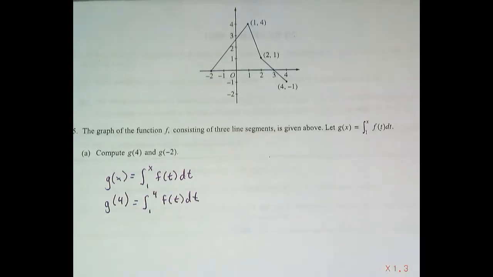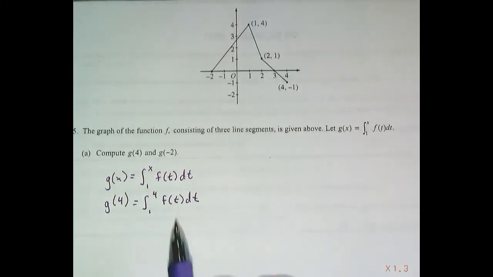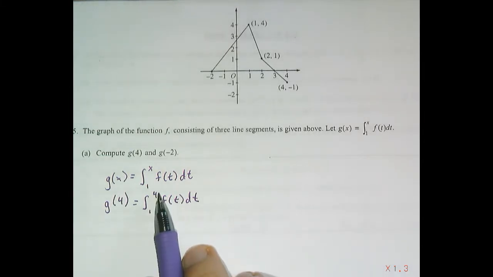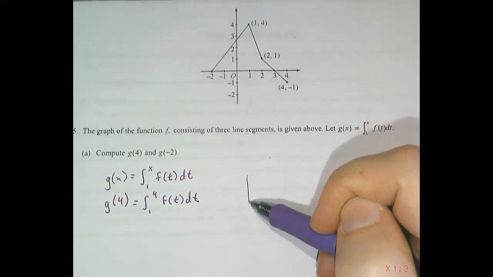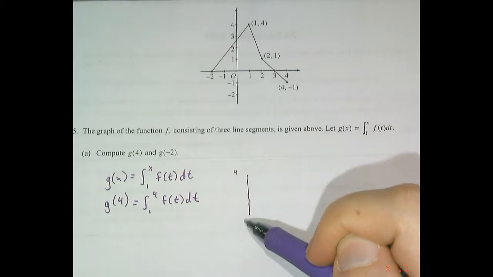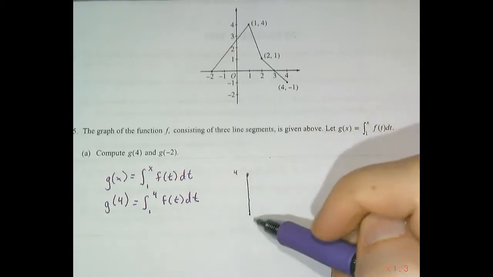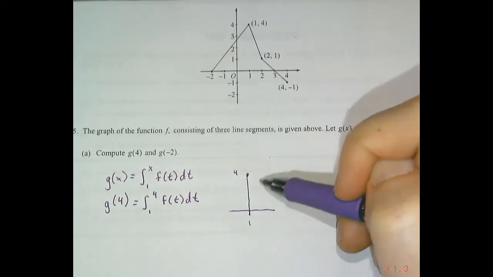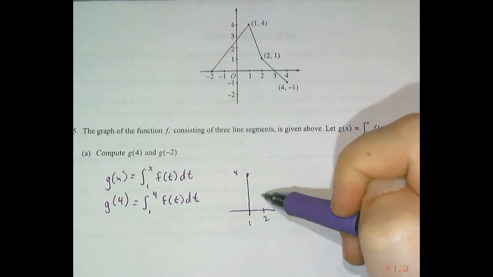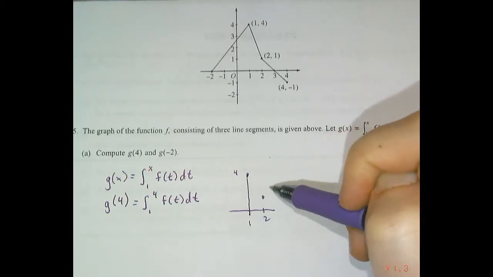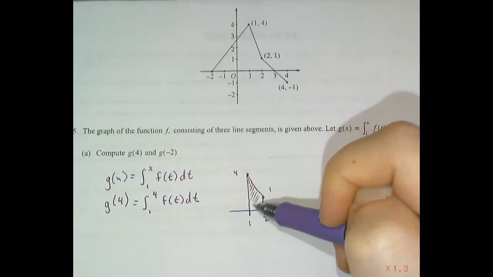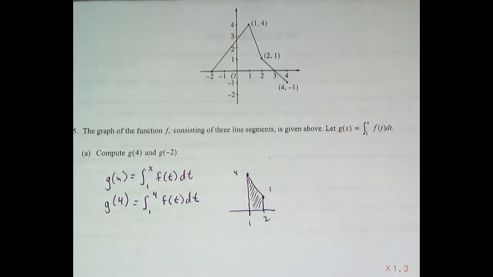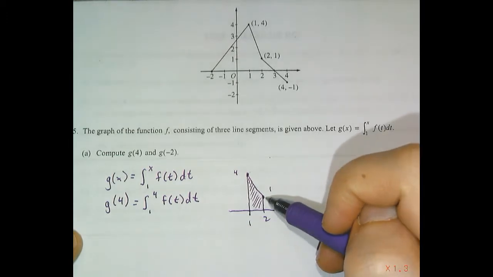So they're asking what is the area enclosed, or the accumulated area, from 1 to 4. And if we look at the graph there, 1 is at a high point of 4. That's at 1. And then at 2, we drop to a height of 1. So there's a trapezoid that we need to calculate the area of, as well as from 2 to 4.